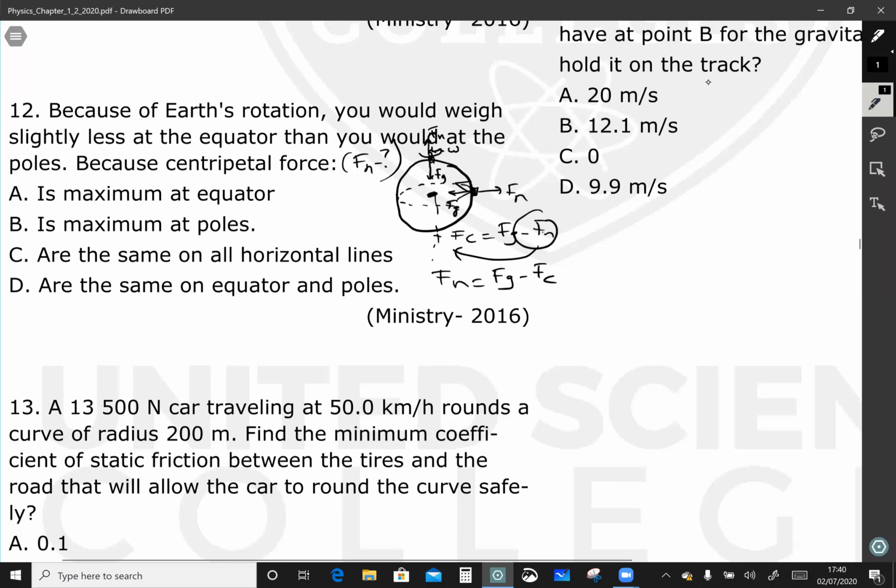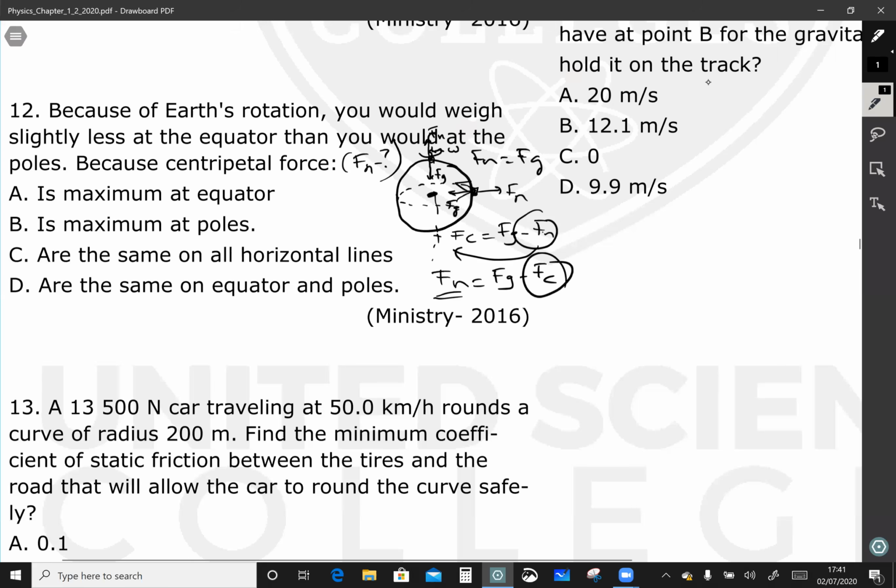You see that? Fn is smaller at the equator than at the poles. At the poles, Fn is exactly equal to Fg, but at the equator, Fn is less than Fg. The reason is the centripetal force. At the equator, centripetal force is maximum because it has the greatest radius.